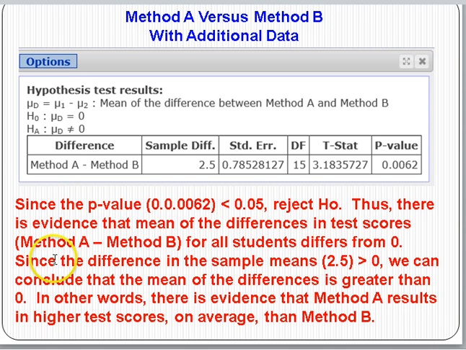So, since the difference in the sample means, 2.5, is greater than 0, we conclude that the mean of the differences for all students is greater than 0. In other words, there is evidence that method A results in higher test scores on average than method B.